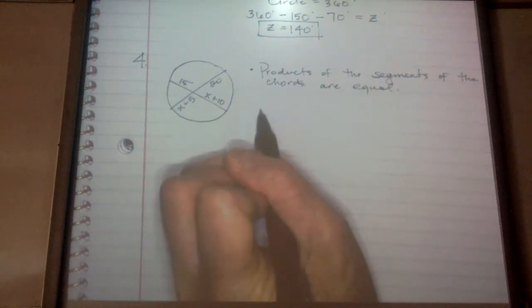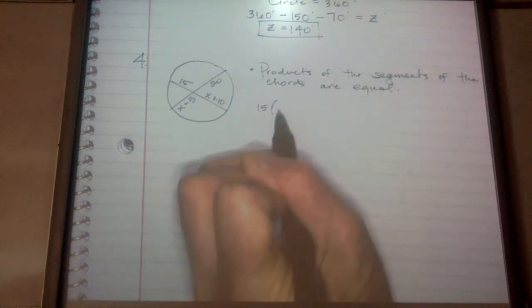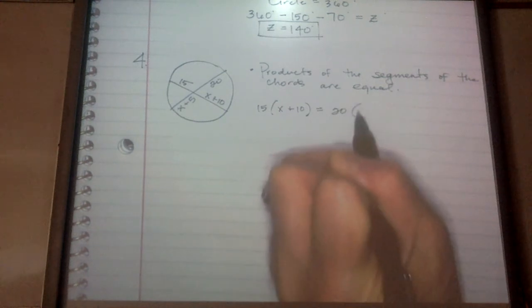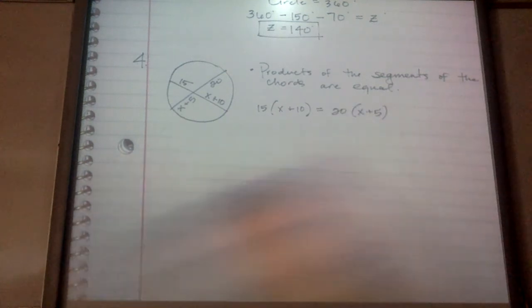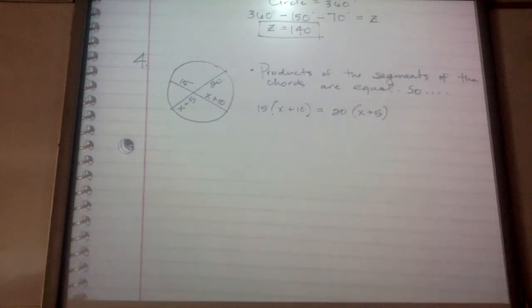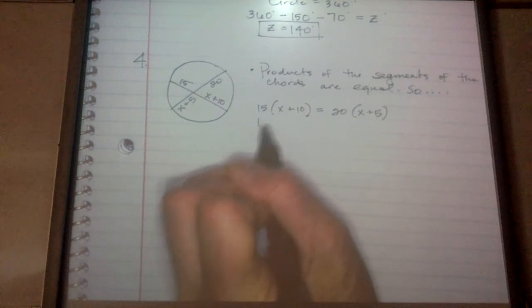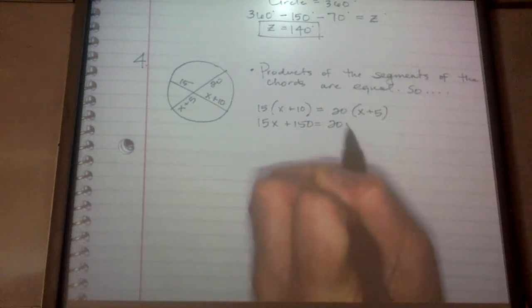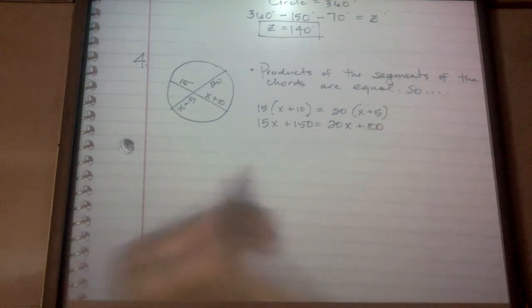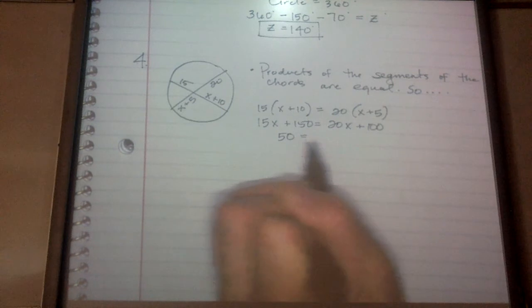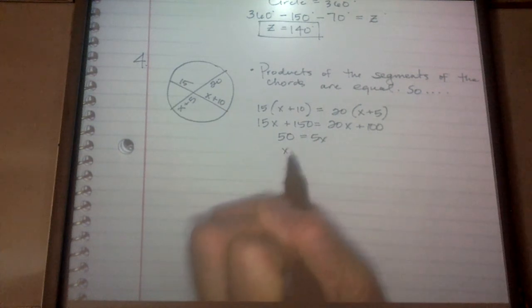So 15 times x plus 10 must equal 20 times x plus 5. Okay, so that's how you would set that problem up. Then you would distribute, so 15x plus 150 equals 20x plus 100. So that would give me 50 equals 5x, so x equals 10.